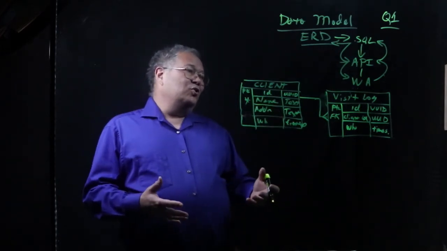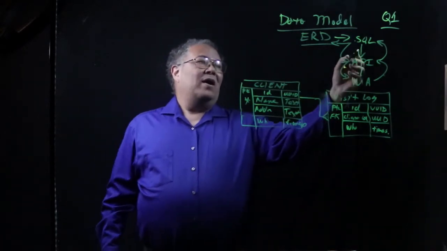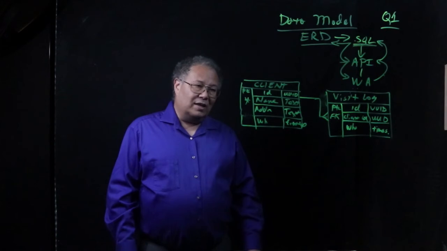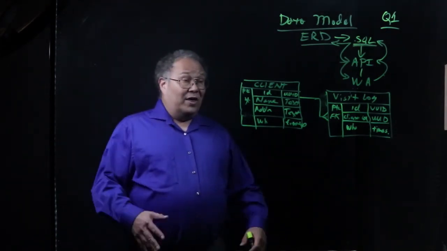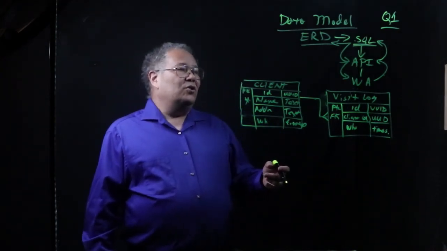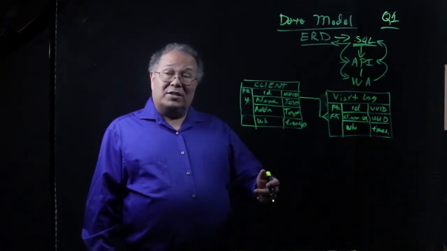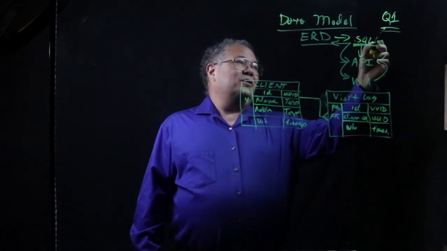I ought to be able to, in a nice tool for this, actually draw the diagram and automatically generate the SQL. But a lot of times, okay, you've got a diagram that somebody does, and they don't have a fancy tool, and they're not going to spend lots of money on the tool, so you get to build the tables by hand. But the process of building the tables by hand is question 1 in the midterm.